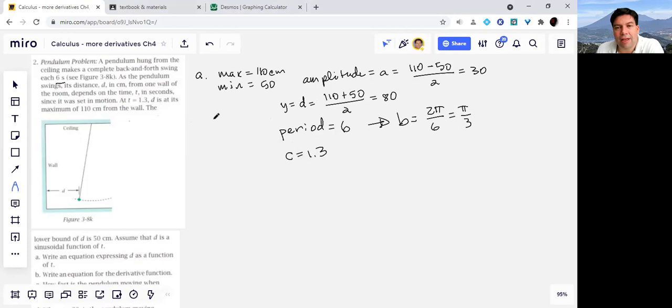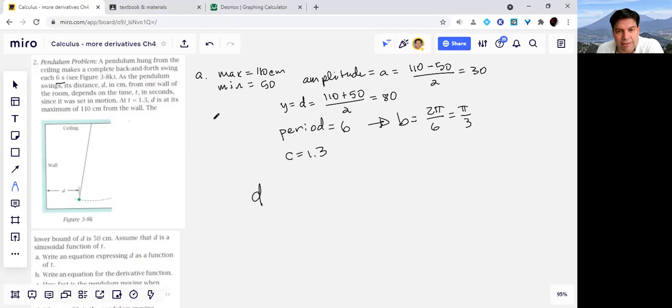Okay, so I have A, B, C, and D, and I can write the distance. So this is a different D, not the D from our sinusoidal function. D is of distance.